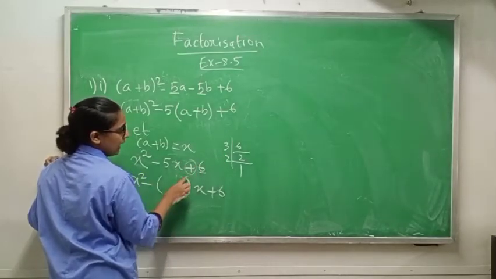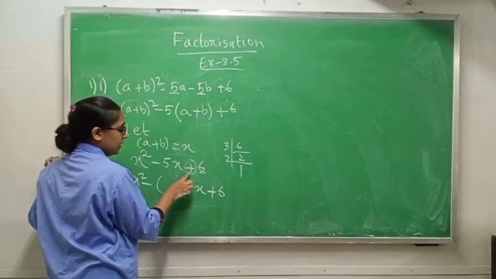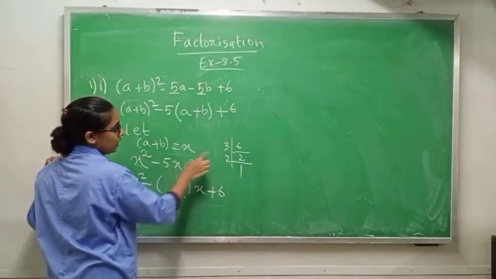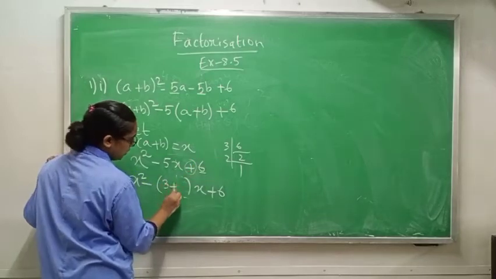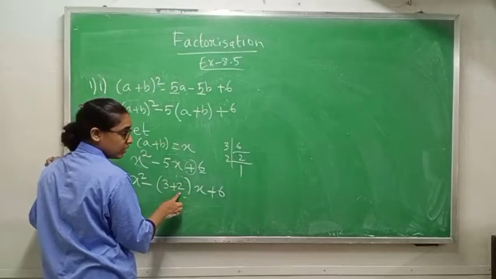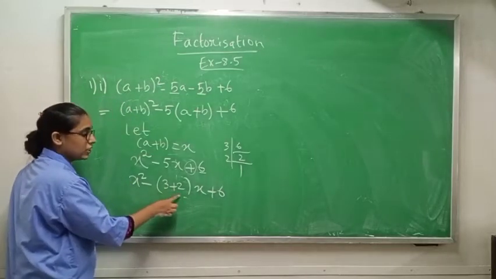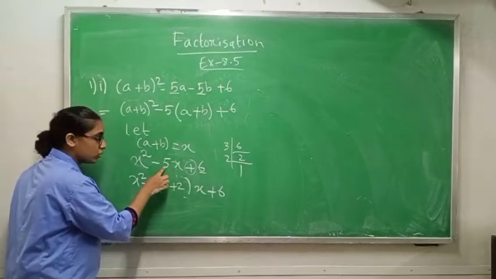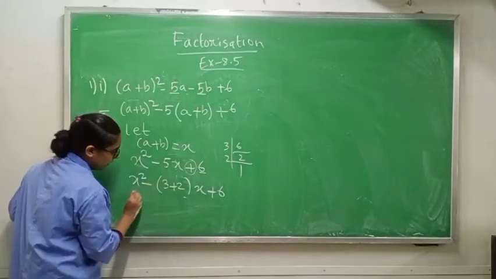Means you have to see this side: if it is plus, it means that after adding there will be plus 5. So 3 plus 2 will give you 5 and 3 twos are 6. So after multiplication we are getting 6 and after adding we are getting 5. It means it is satisfying the condition.